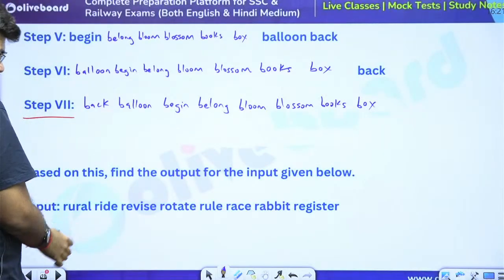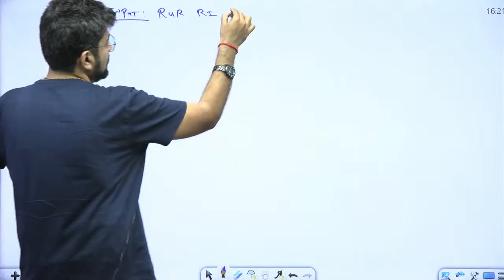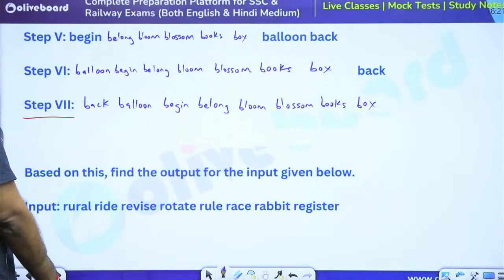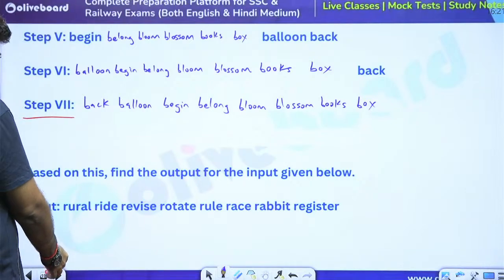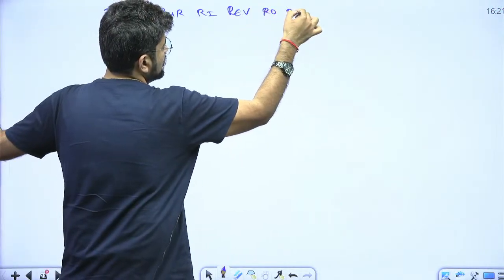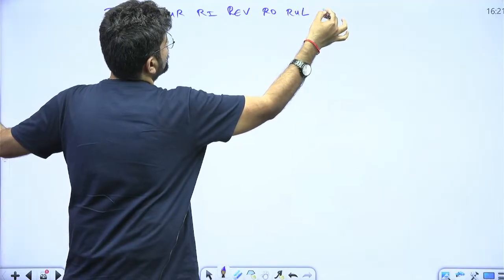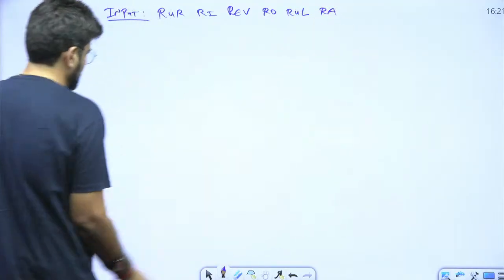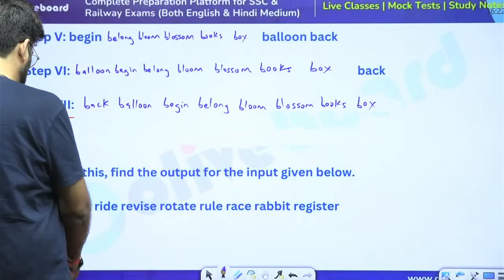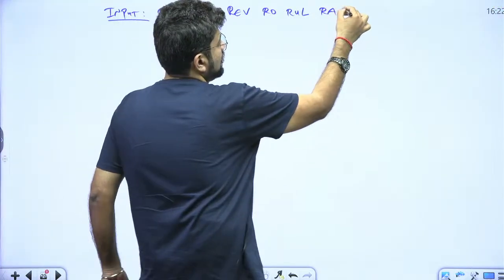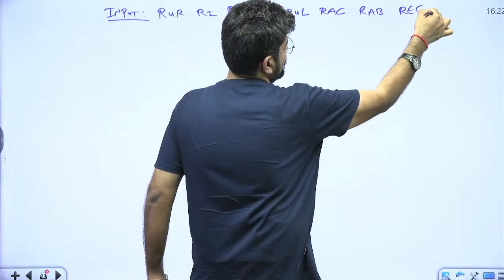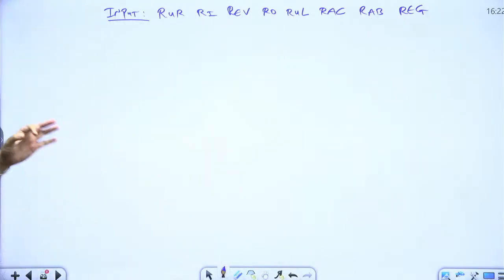Revise, only one, R-E-V, R-E-G, R-E-V. Rotate, only one, R-O. Rule, race, rabbit, register. Cool? Only one time you'll have to work hard with this.